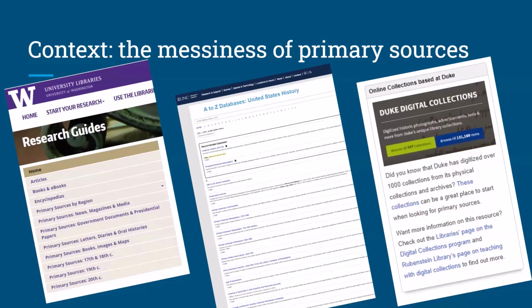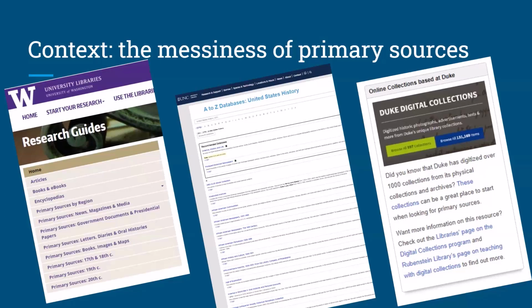And so you can see what some history librarians at different universities have done to try to organize groups of primary sources. At the University of Washington, Teresa Mudrock has organized ways of finding primary sources by region, by type, by time period.